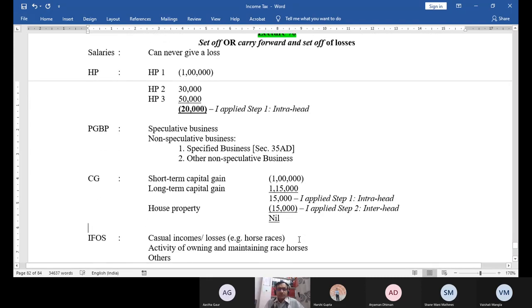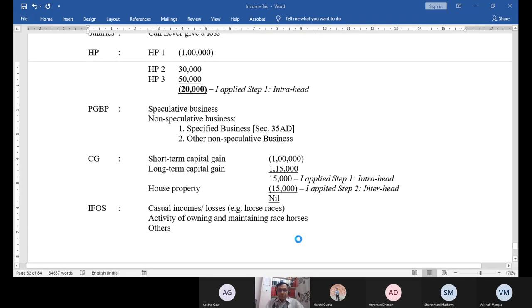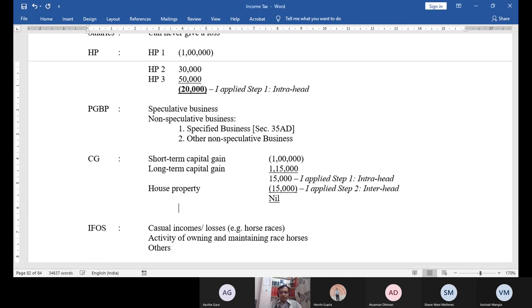And what is my step 3 now? When I found that there is no other positive, then in my example, I will say: step 3, rupees 5,000 HP loss will be carried forward to the next year.